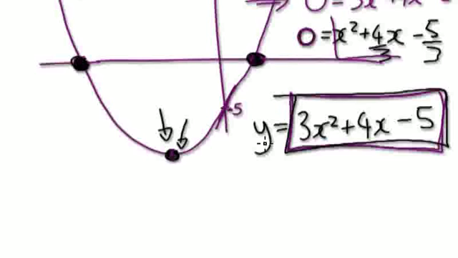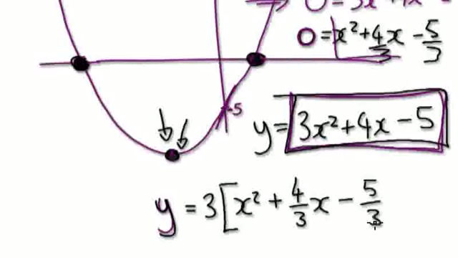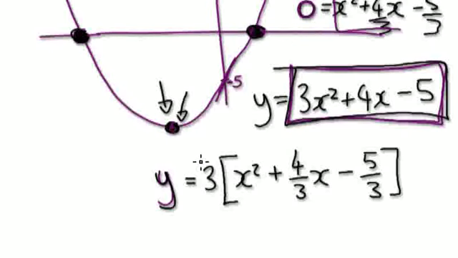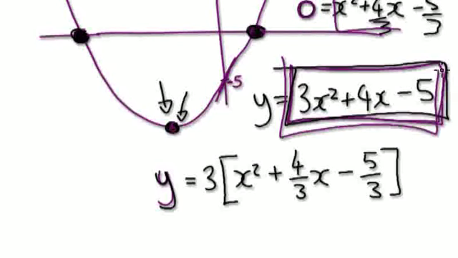It will be y equals 3, and then x squared plus 4 over 3 x, and then minus 5 over 3. What I'm trying to say is that this whole thing here is exactly the same as this.